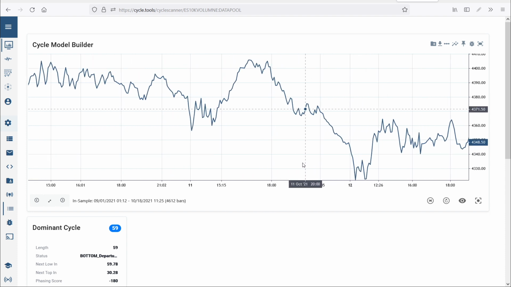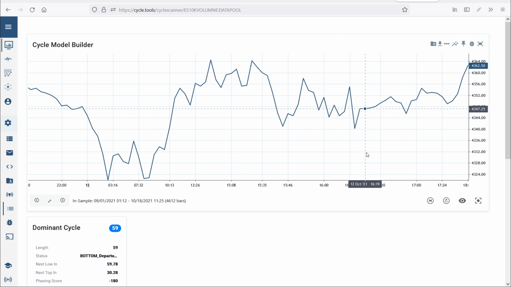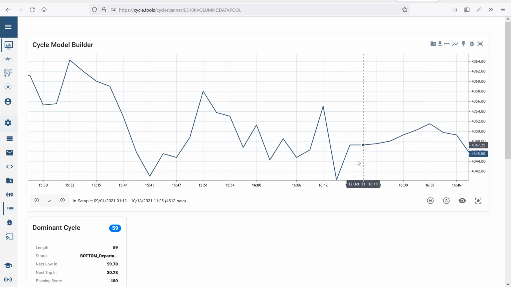This is because we get a new data point when the amount of 10,000 volume has been traded in the E-Mini.